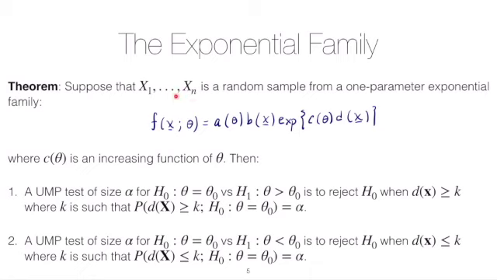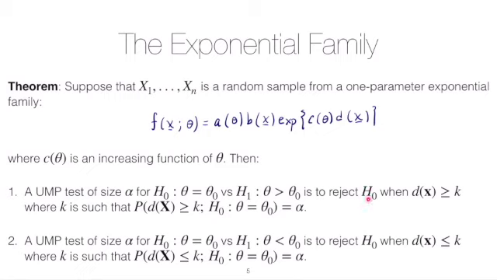And so if we have a sample from this distribution, and the C function is increasing as a function of theta, then we can get a uniformly most powerful test for two different scenarios. The first scenario is when you have an upper-tailed test, meaning the alternative hypothesis has a greater than sign in it.